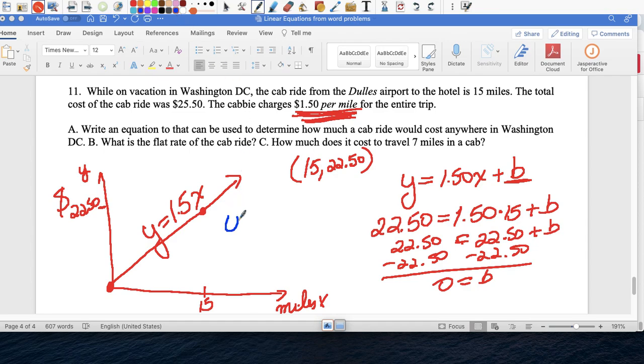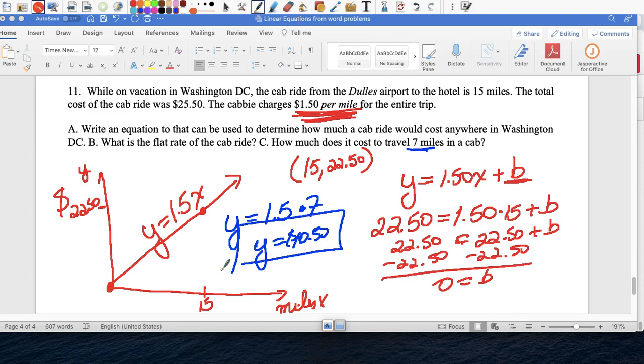So if it's $1.50 per mile, and you're going to travel for 7 miles, multiply that by 7. You get $10.50. Unless I did that incorrectly. Oh, I did it incorrectly.